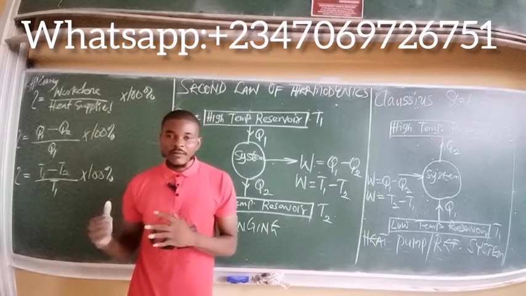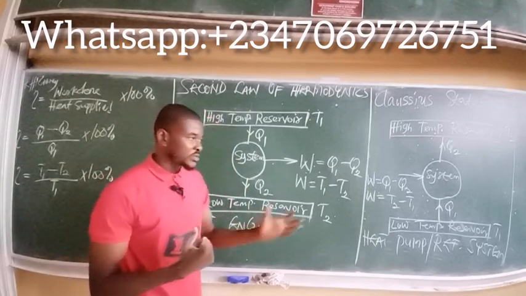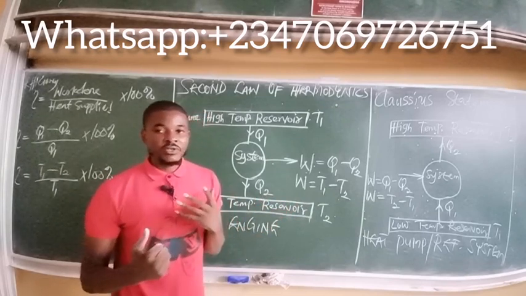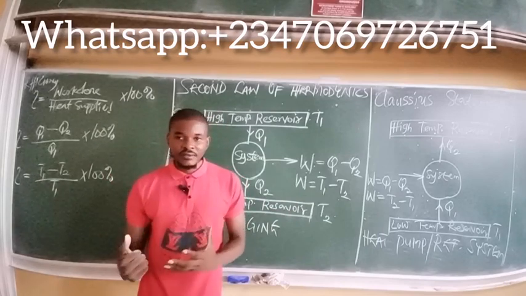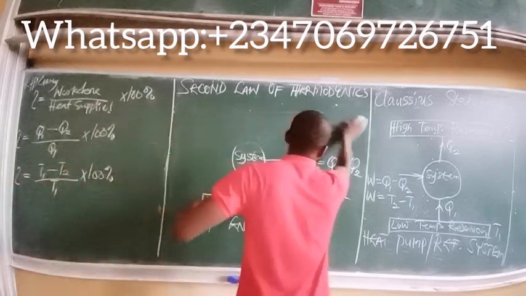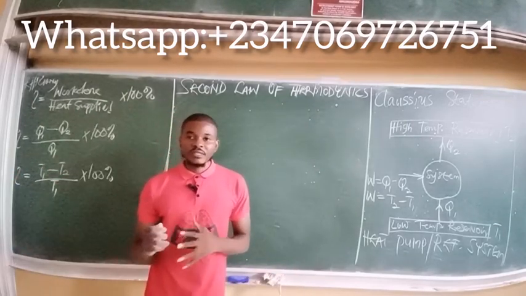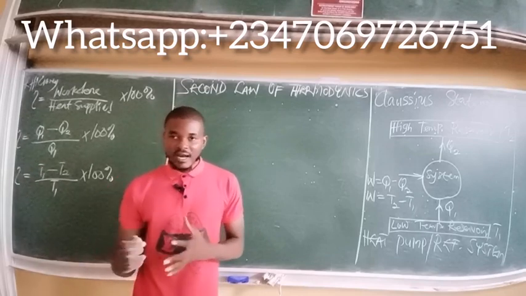So that's how you calculate the efficiency of a heat engine using that simple formula. Meanwhile, for a heat pump or the refrigeration system, it's basically the same thing, but the refrigeration system or the heat pump operates on a reversed heat engine mechanism.